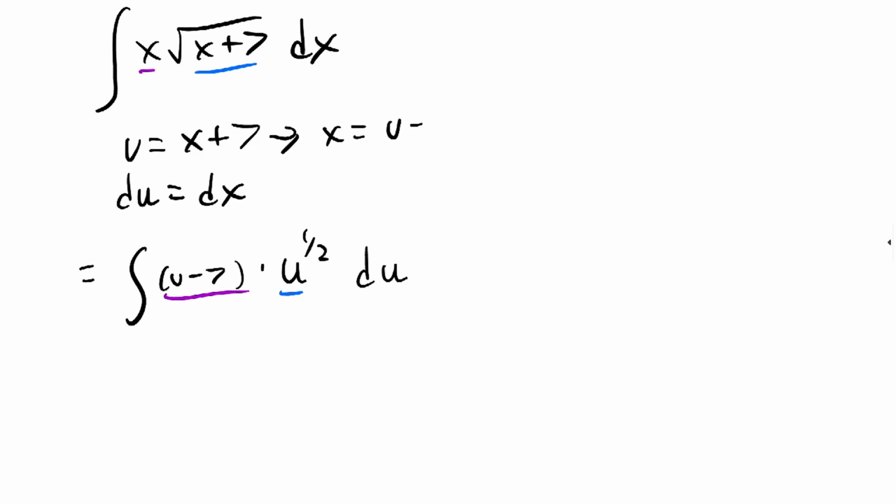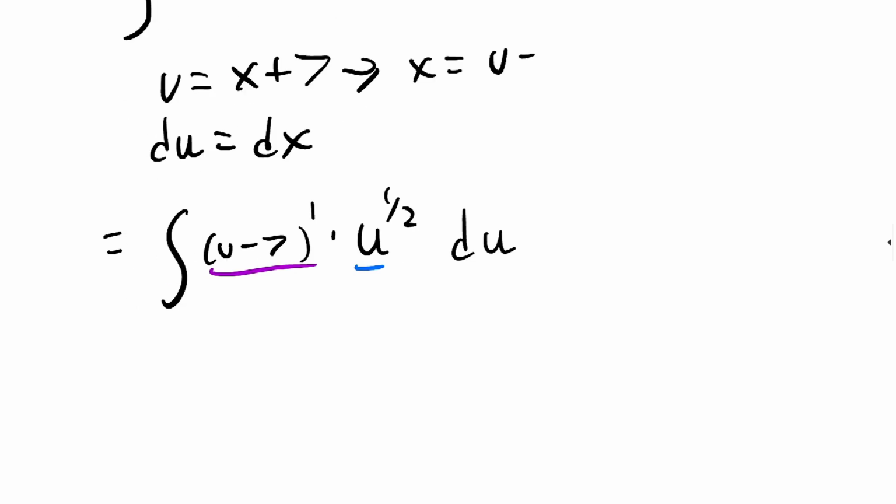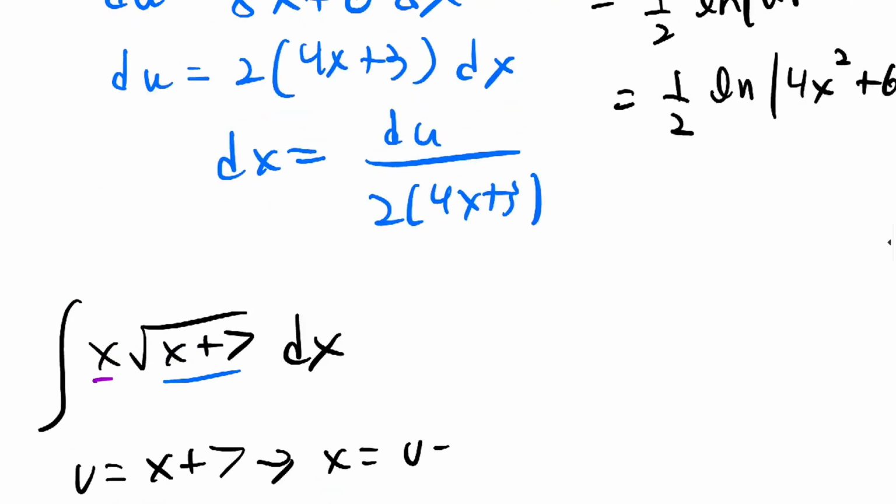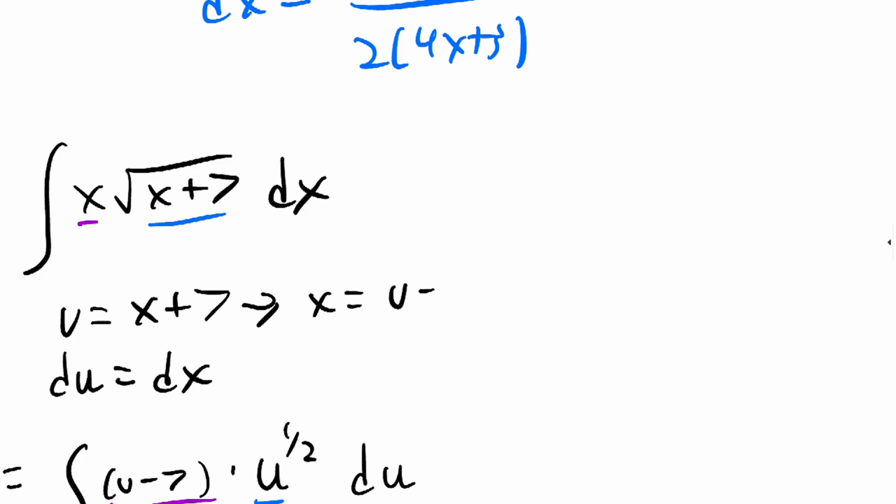And now look at what we can do. We can now distribute this U here, because this is to the 1st power. So there's no foiling needed for the U minus 7. Up here, I can't distribute x to the root x plus 7. I can't distribute to this, right?